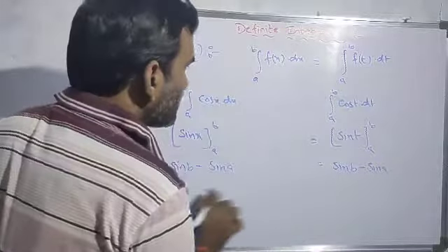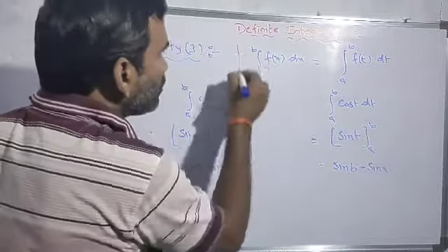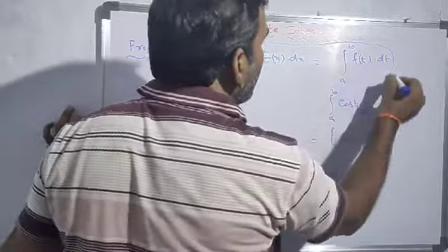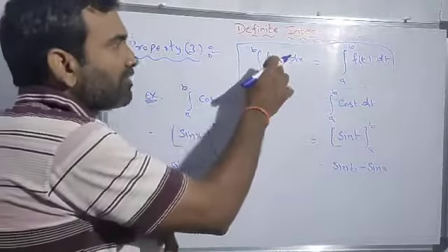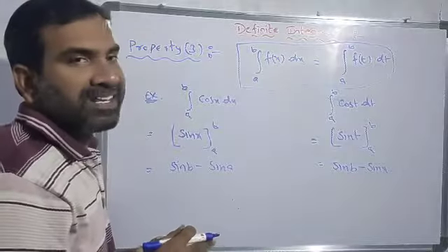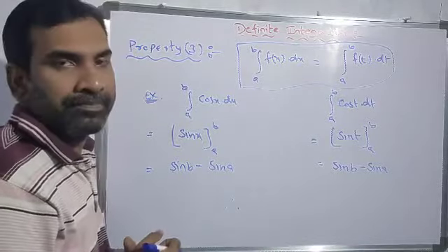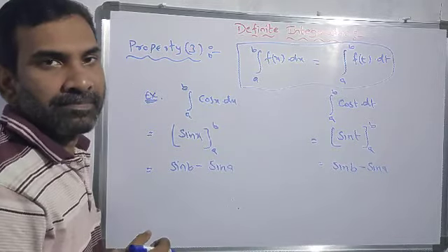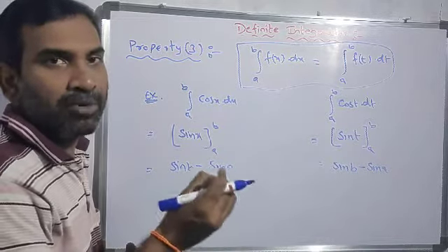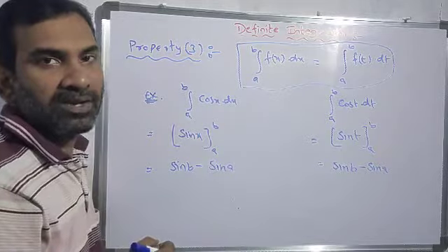Both are the same. Therefore, if the variable name is changed, there is no problem in the procedure. Finally we get the same results. Just the variable name is changed, that is all.